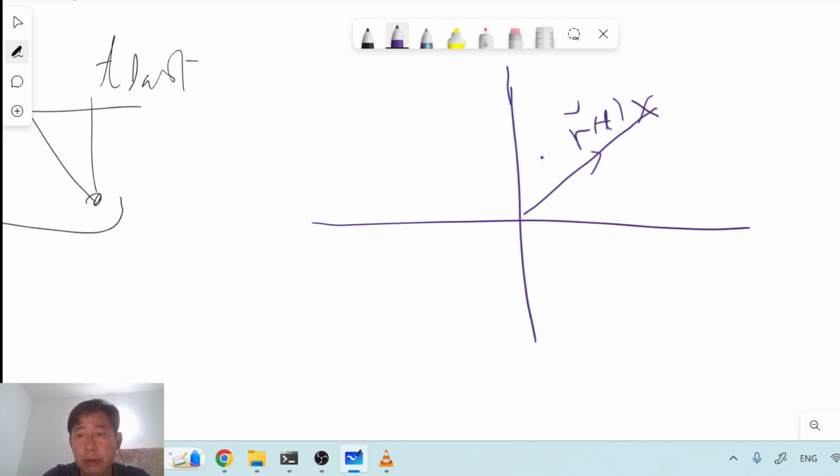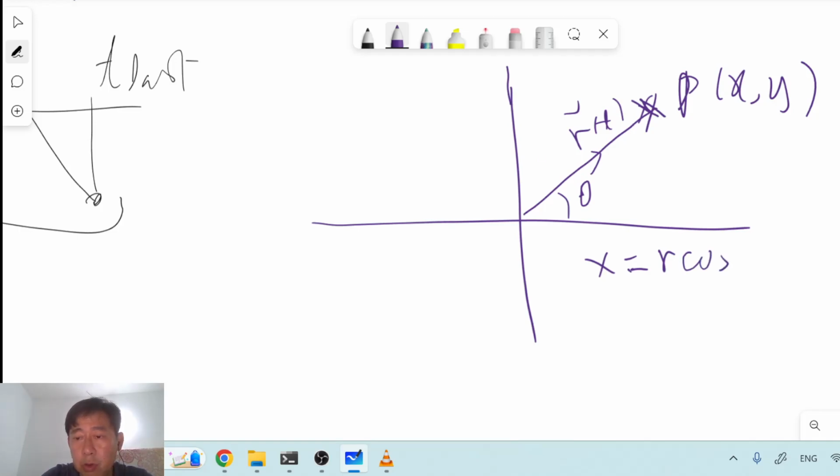So the particle's point P has a coordinate of x and y, and in terms of the polar coordinates, x is expressed in terms of the radius r times cosine theta, y is equal to r sine theta.